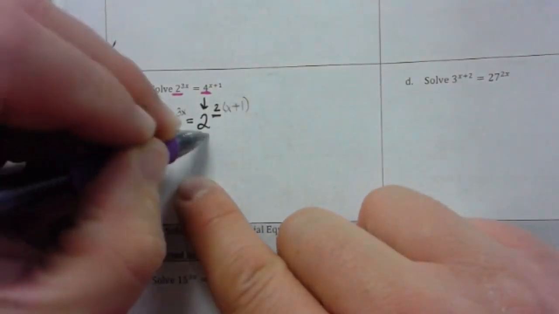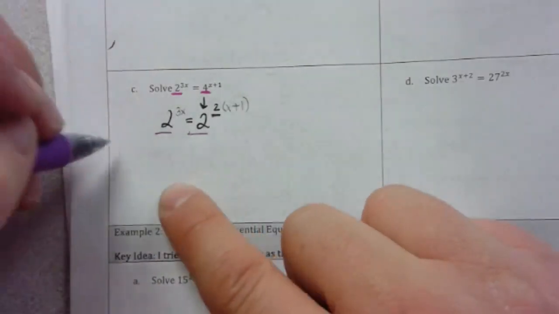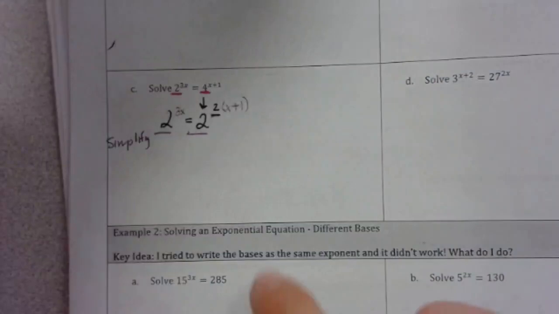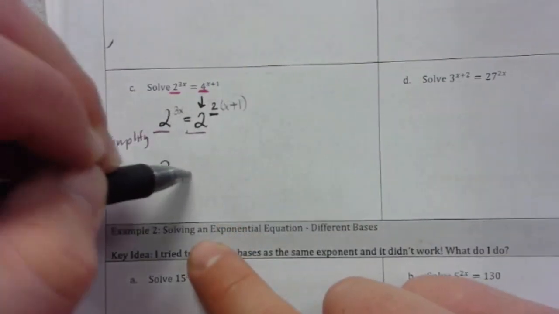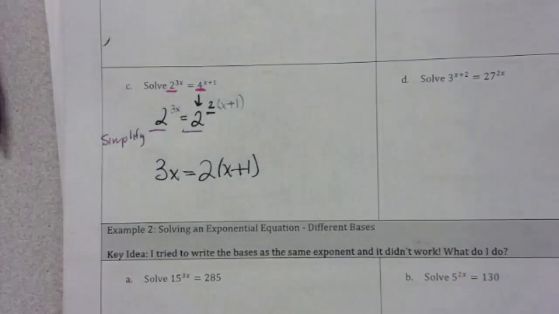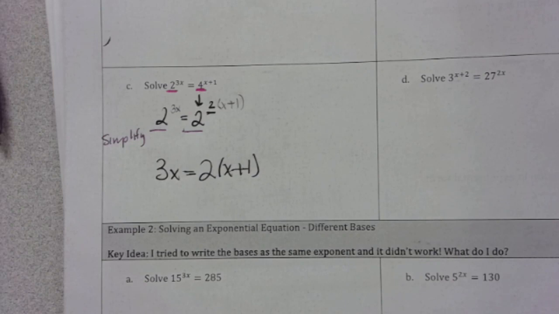These two numbers right here, they just simplify out. So what I have left is just 3x equals 2x plus 1. See how that's just the exponents there? These are both just the exponents.